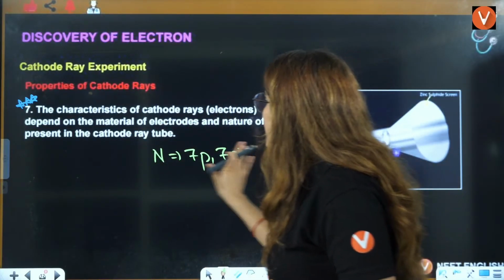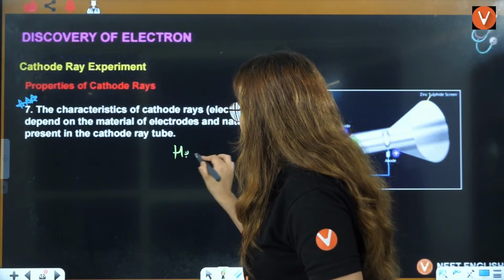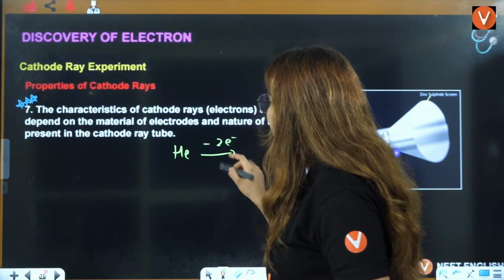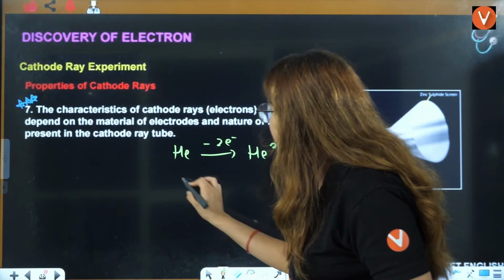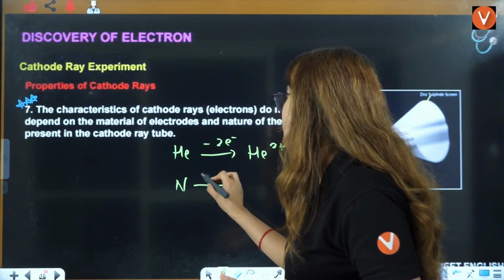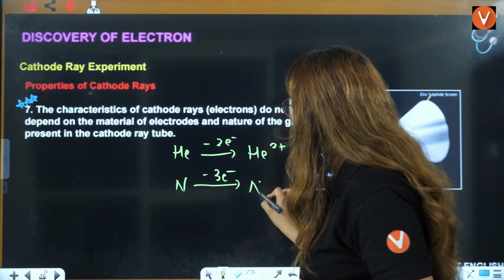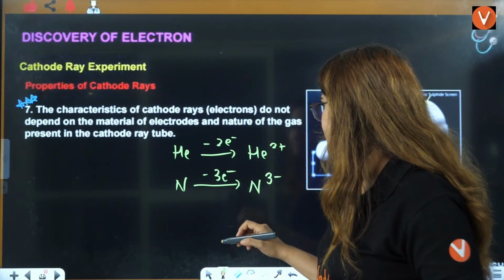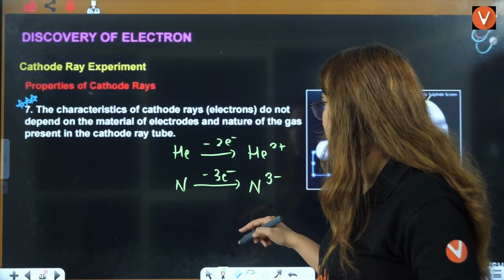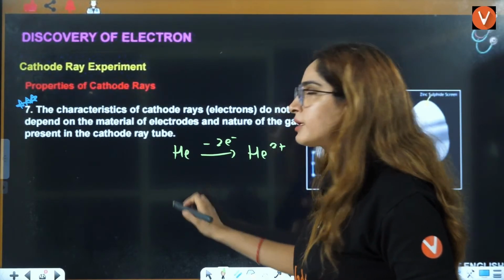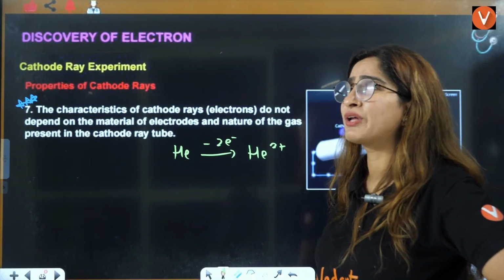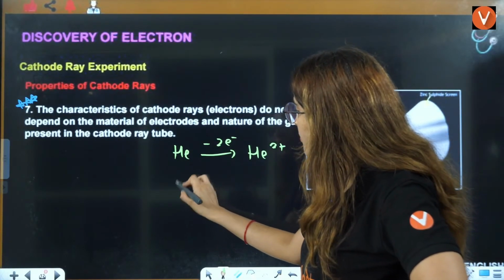For example, let's talk about helium. When you take two electrons here, these two are individual particles. Let's talk about Al.